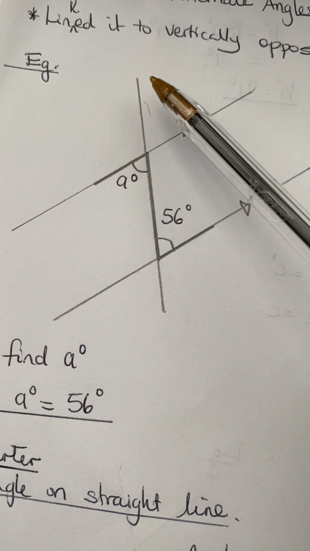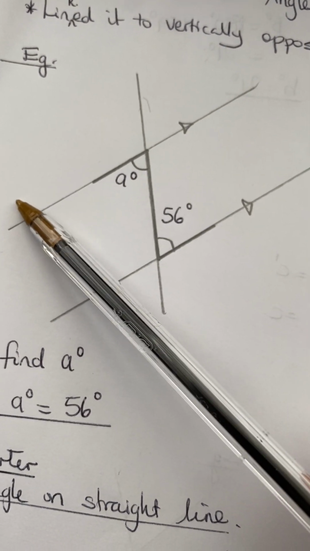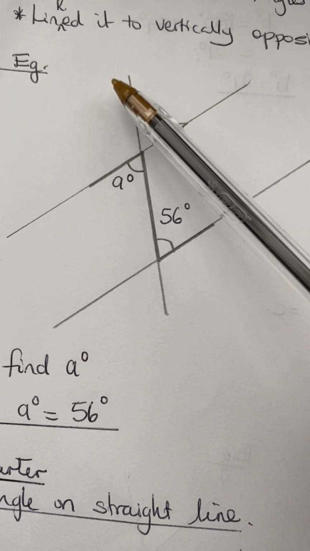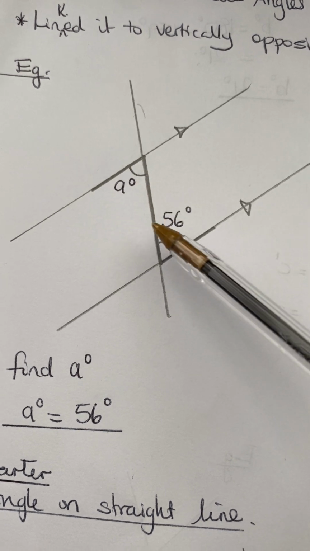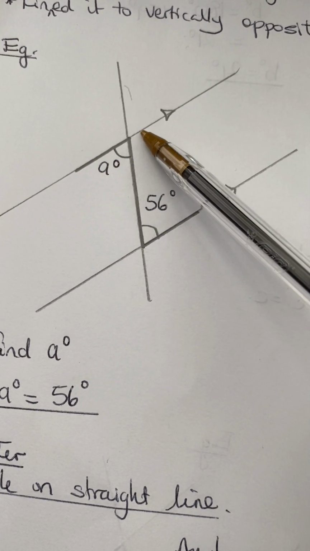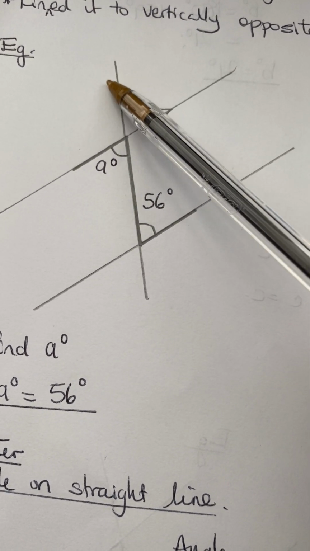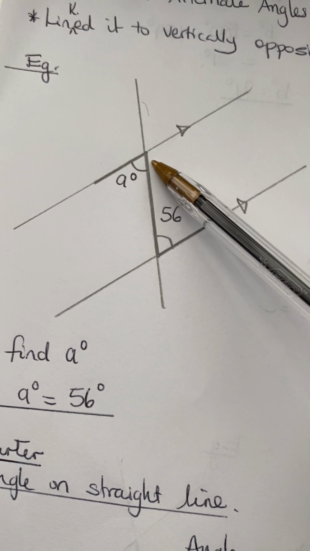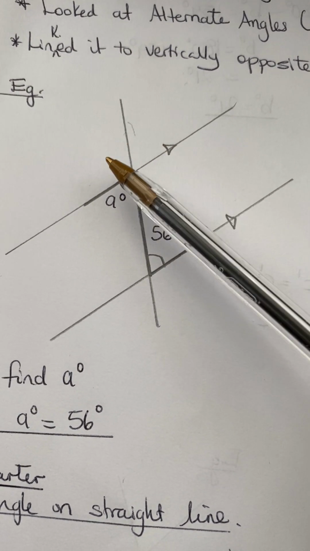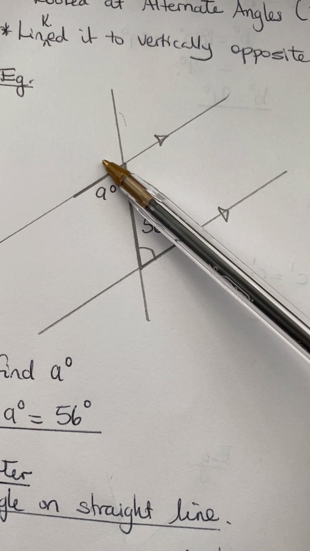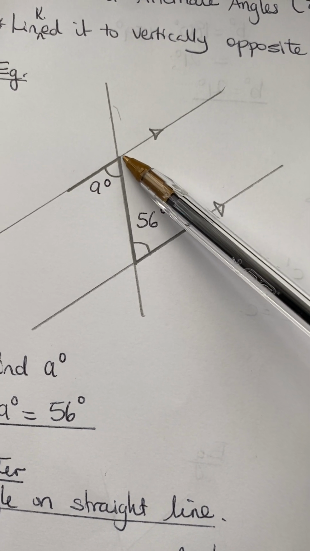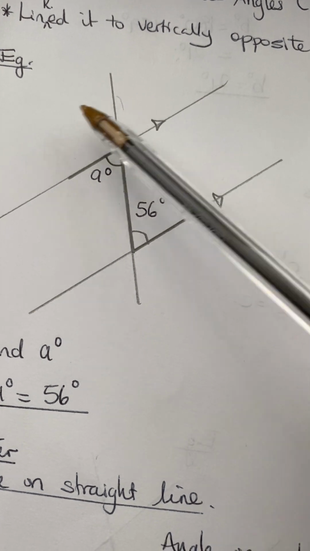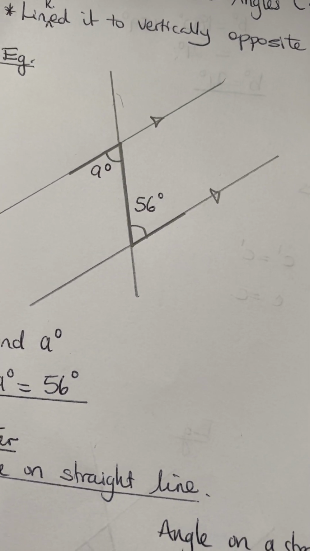So if there is a shape here, okay, and I'm asking to find the angle there, then after knowing this, I can find this, because if I know this vertically opposite angle, then I can find this shape, okay, because it's an angle at the point, and then use it to find the other angles.